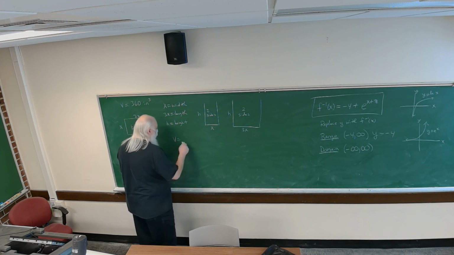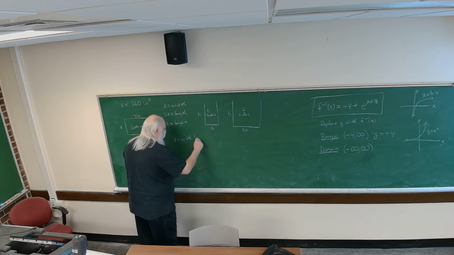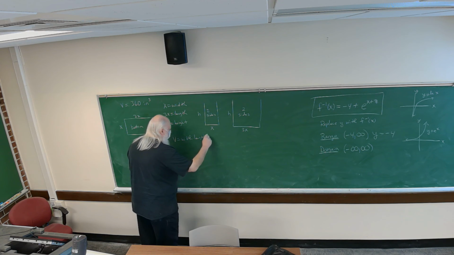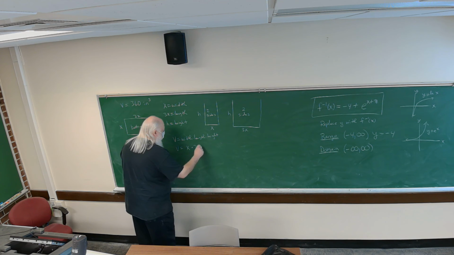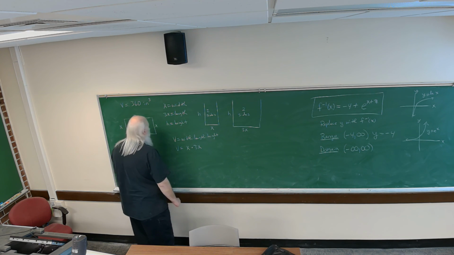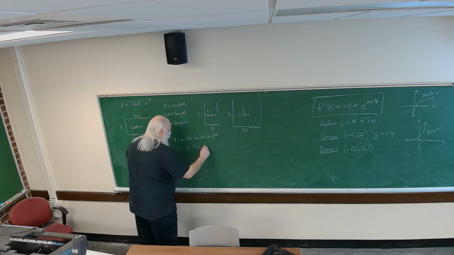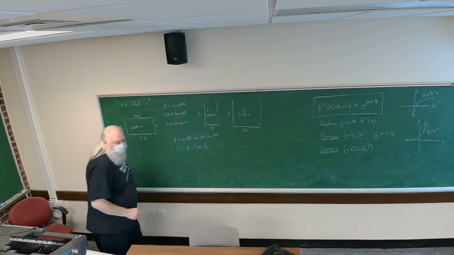So the width is x, the length is 3x, and the height of the box is h, right?